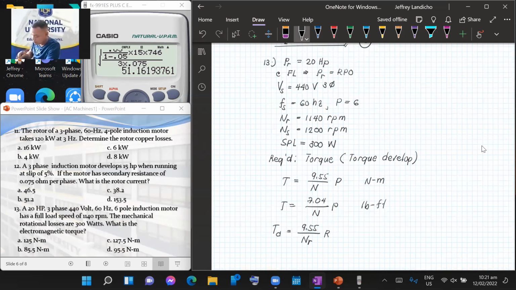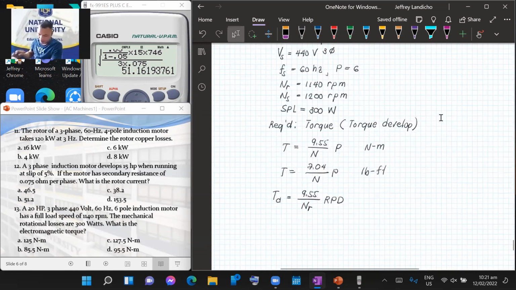So, pag torque developed, you have RPD and NR. Kung output torque, output power ito. Kung input torque, RPI ito. Nakuha ba? So, same formula. 9.55 over the rotor speed multiplied the corresponding power. So, that will be our torque.